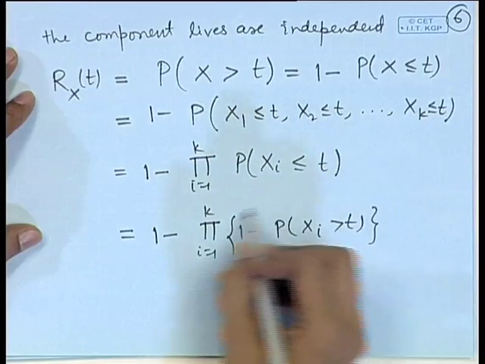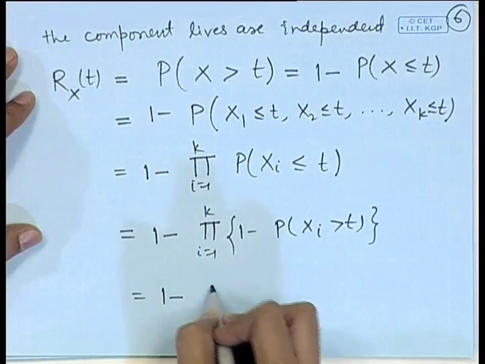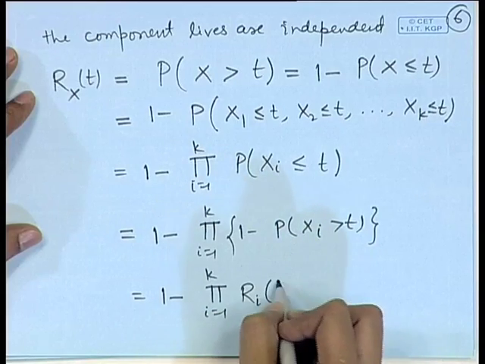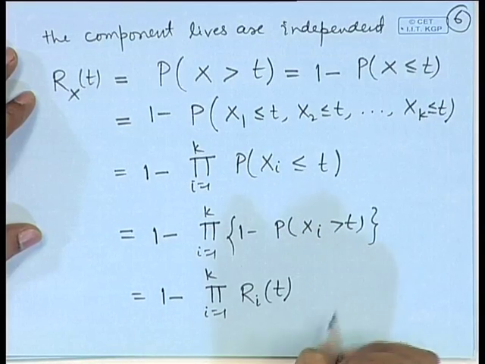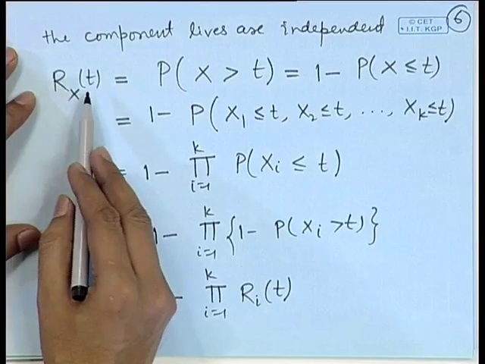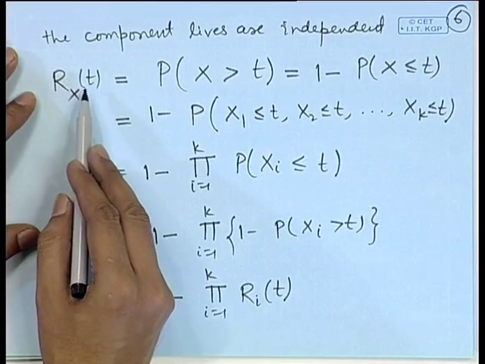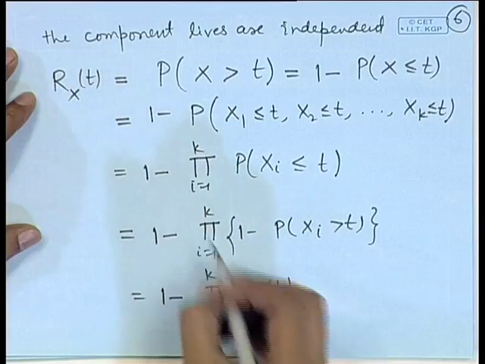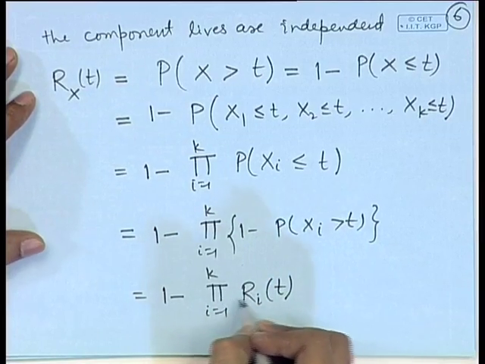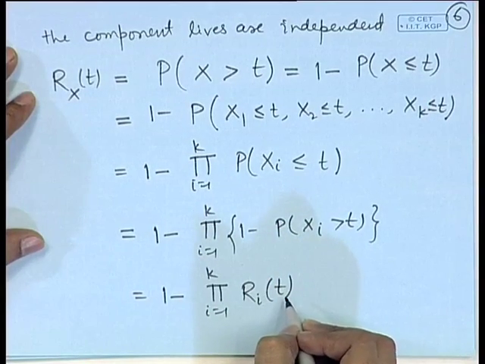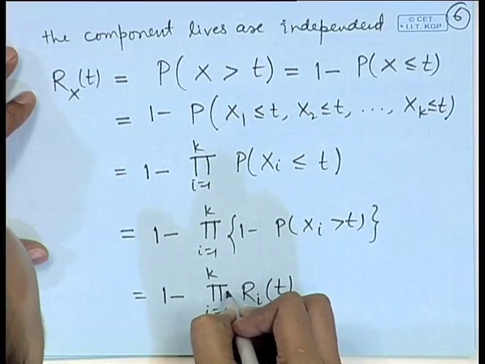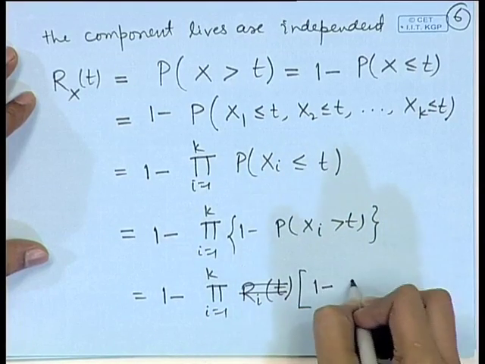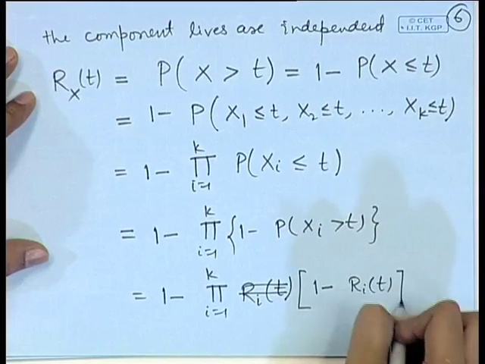Now, this is nothing but the R I. Therefore, the reliability of a system consisting of parallel components is expressed as R x t equal to 1 minus the product of 1 minus R I t. Sorry, the earlier expression was wrong; it is 1 minus the product of 1 minus R I t.